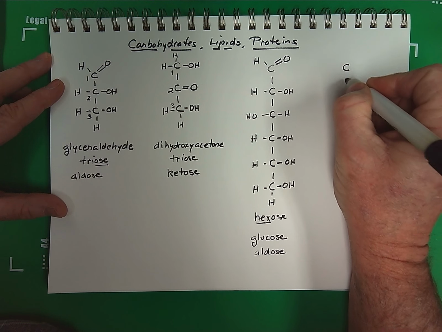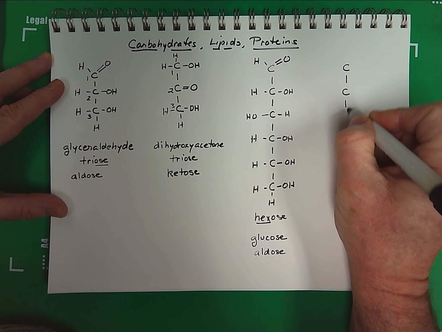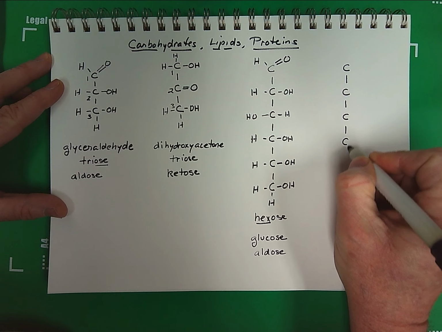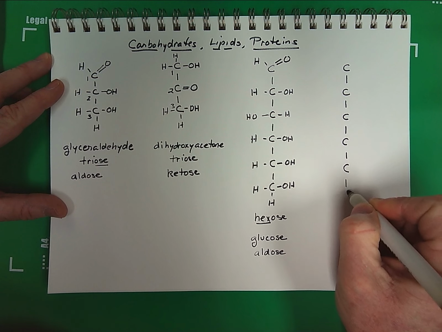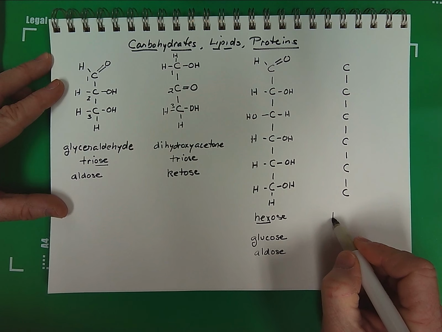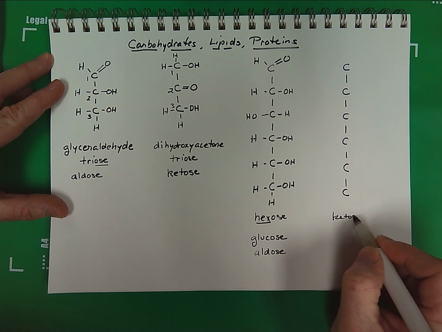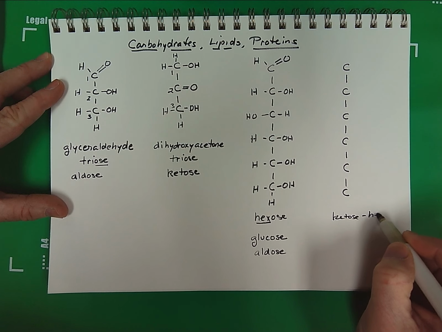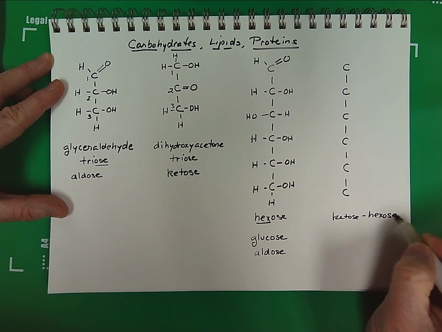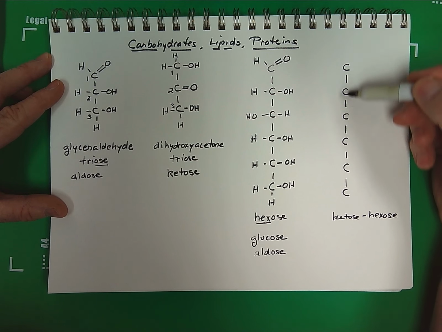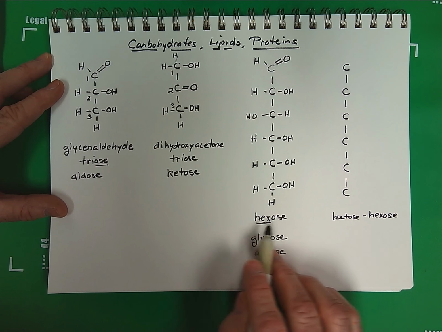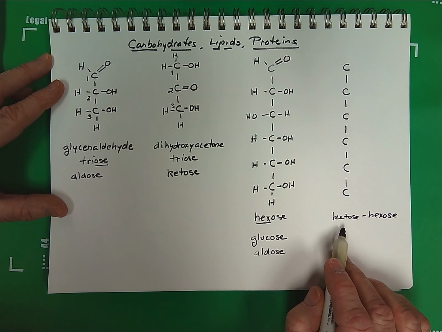Now if we modify this structure of glucose into a ketose, we are keeping the hexose backbone because we have 6 carbons, of course, but now we are going to modify the aldose into a ketose.